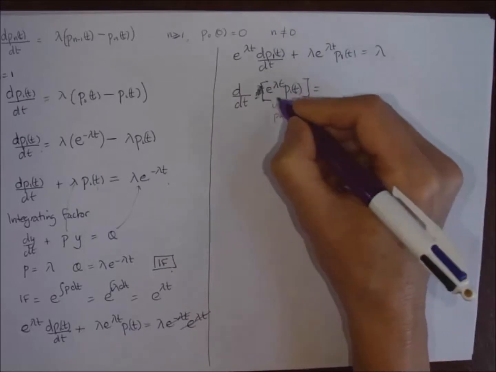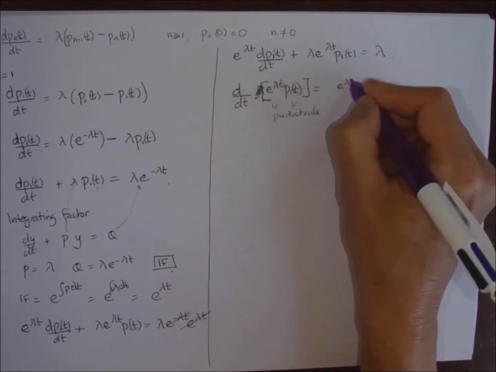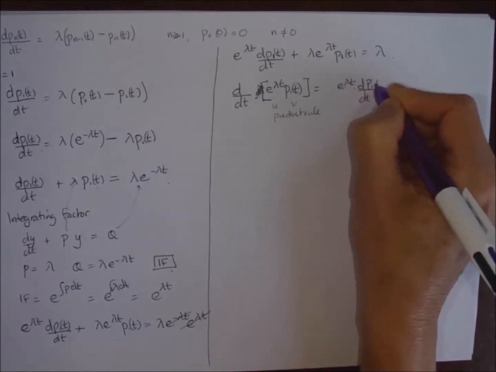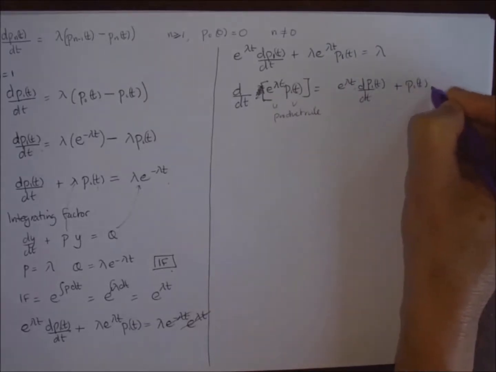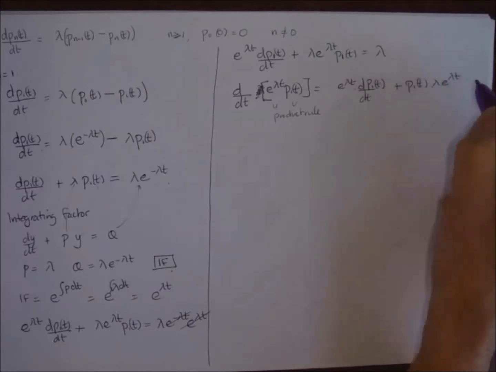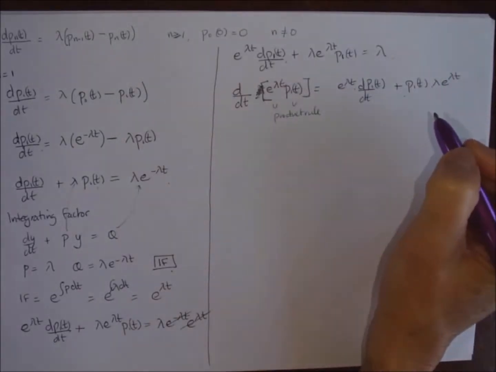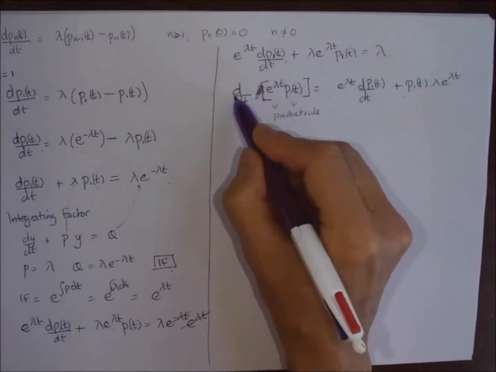So it's u dv dt, that's e to the lambda t times d on dt of p1 of t, plus v times du dt, that's p1 of t times lambda e to the lambda t. And this here is the same as that. So that means instead of writing this down here, I can write this.